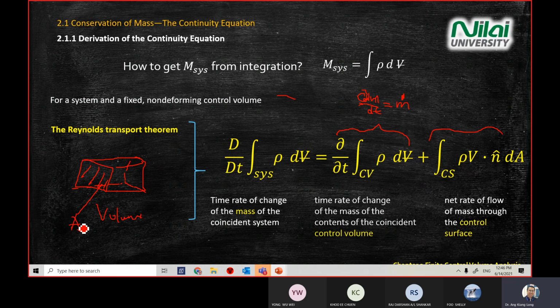Raj, just a simple question. How many faces do you have for a cube? 6, sir. 6. So for the control surface, you will have 6 faces because you will integrate all the area that you focus on.